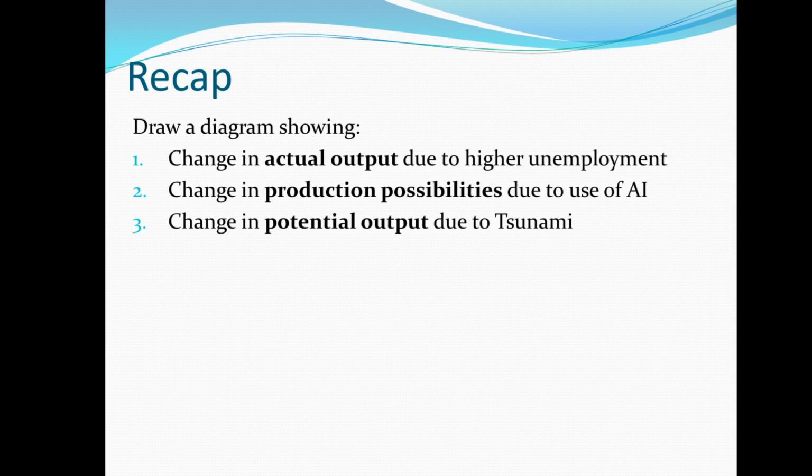But number two, change in production possibilities due to the use of AI. How do you draw this in a PPC curve? It's going to shift to the right.